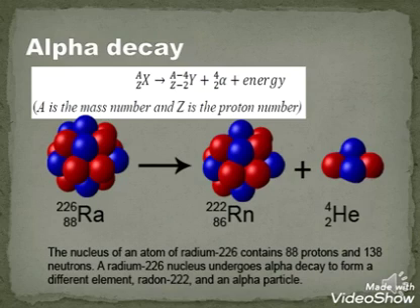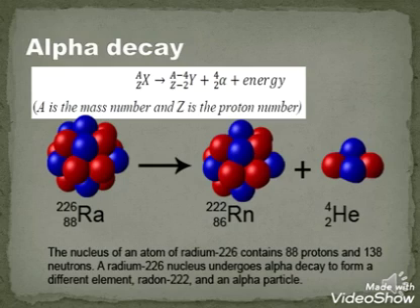So, following the equation given, since radium has 226 mass number, if 4 will be deducted from it, it will give 222, which means that is the mass number of the daughter nucleus.